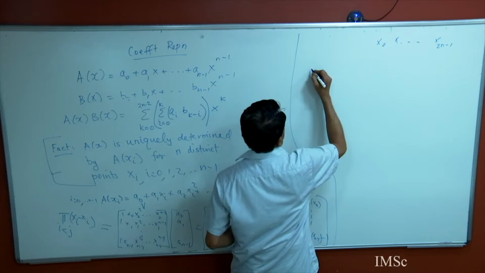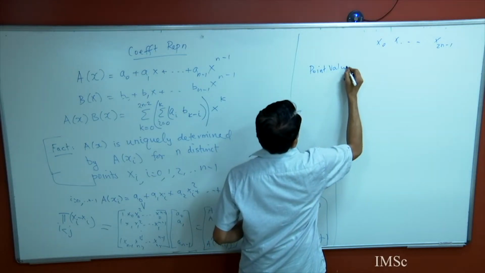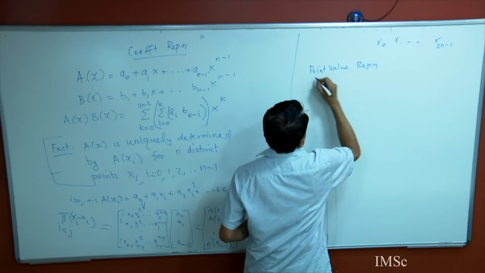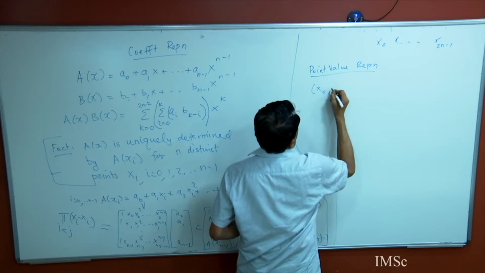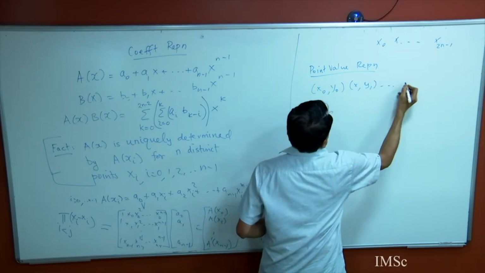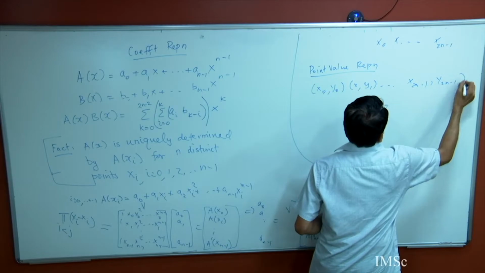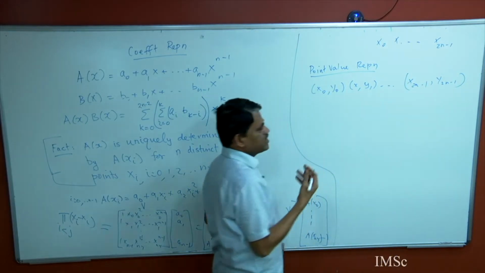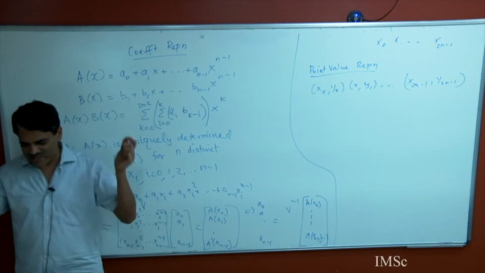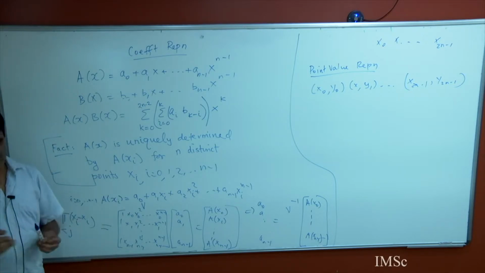So that is the point value representation. So I have (x0, y0), (x1, y1). To get an nth degree polynomial, its value at n points are enough, but let's say I store some 2n points because when I multiply I get a 2n degree polynomial.